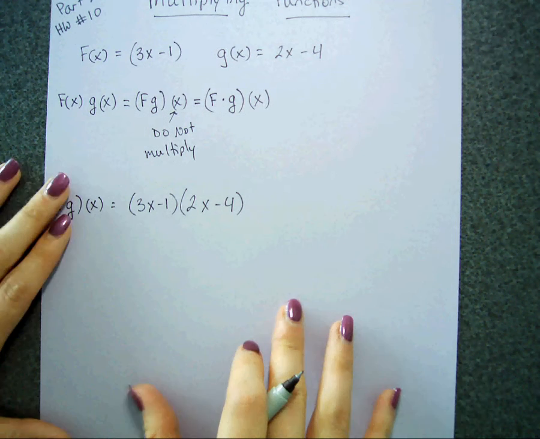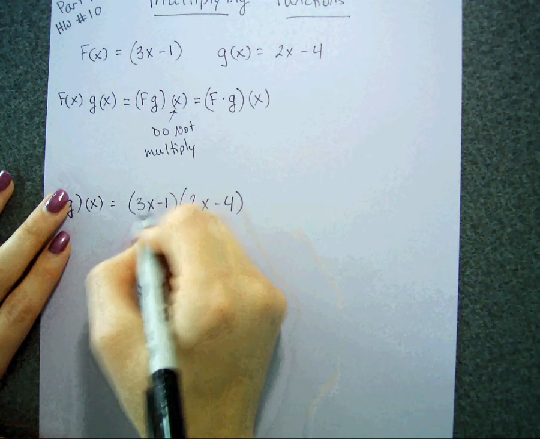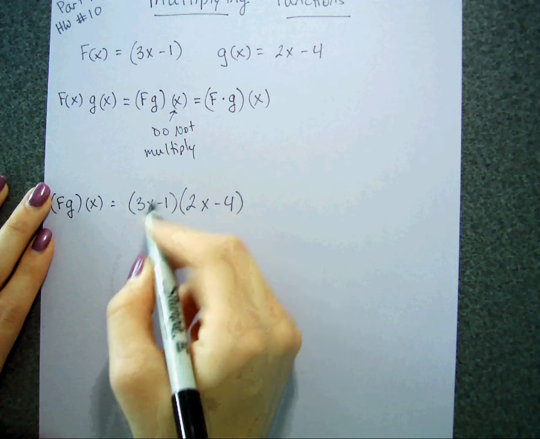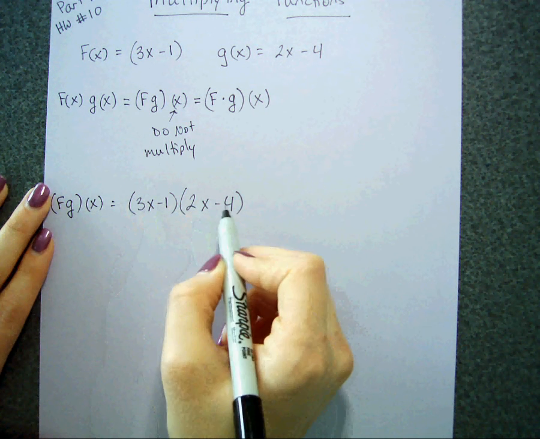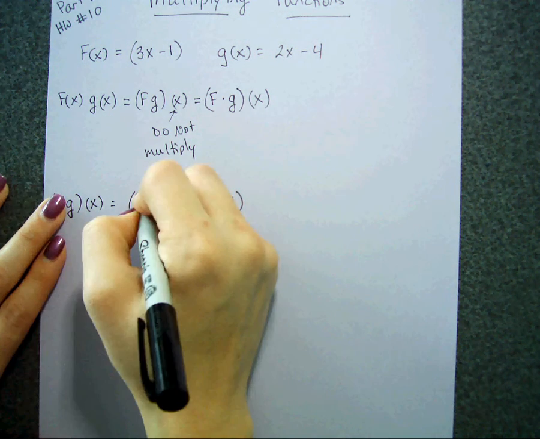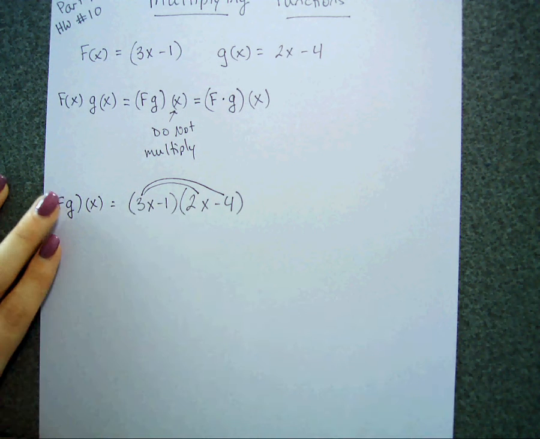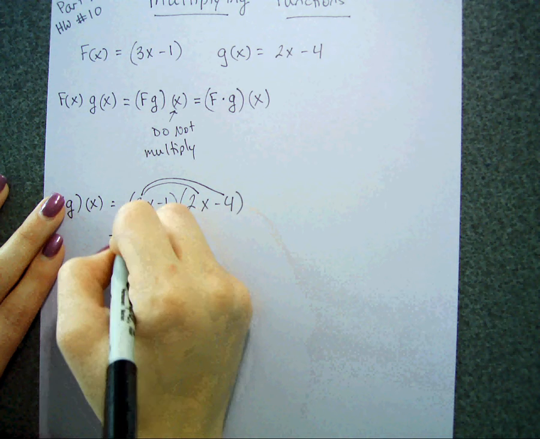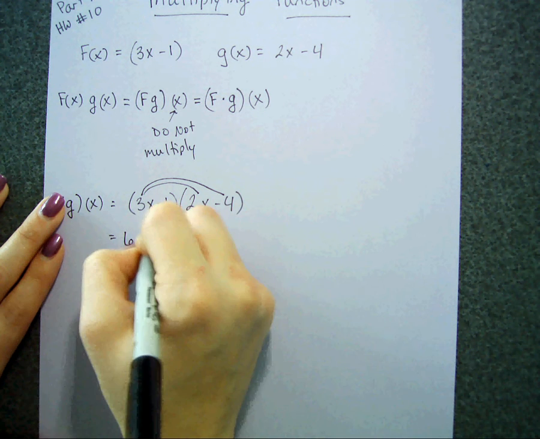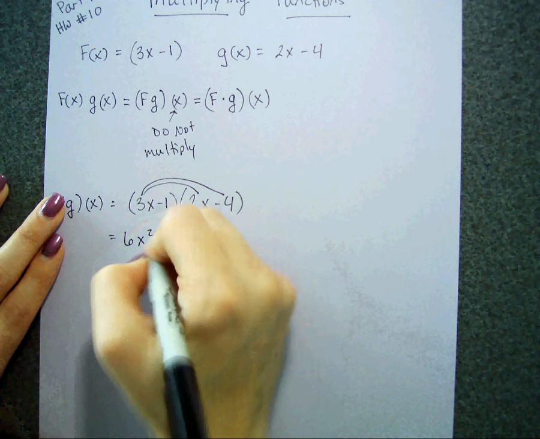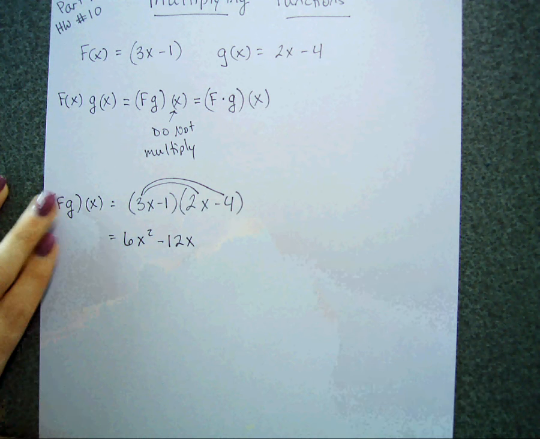I'll take the first term in the first set of parentheses and multiply it times everything in the second set of parentheses. So I'm going to do 3x times 2x, and then 3x times negative 4. So 3x times 2x gives me 6x squared. 3x times negative 4 gives me negative 12x.